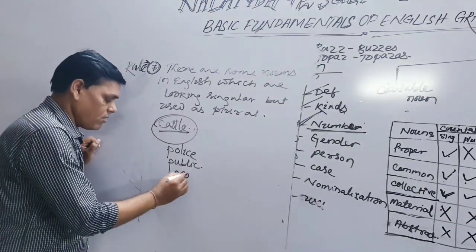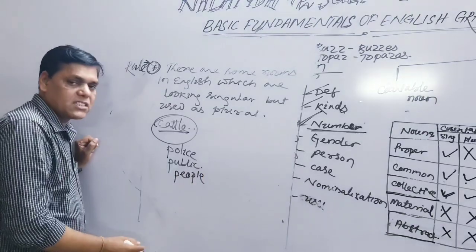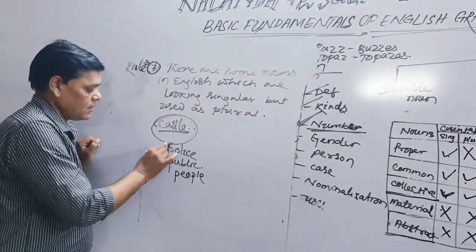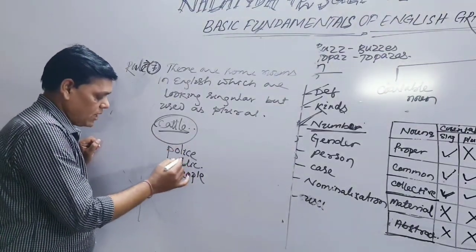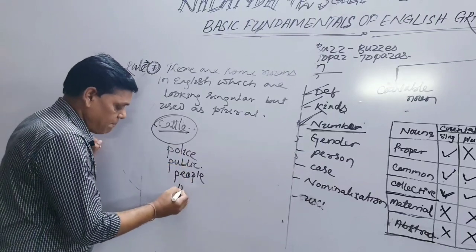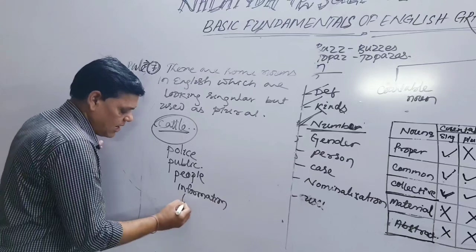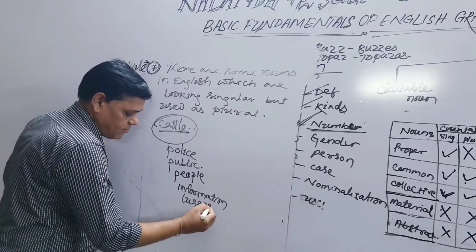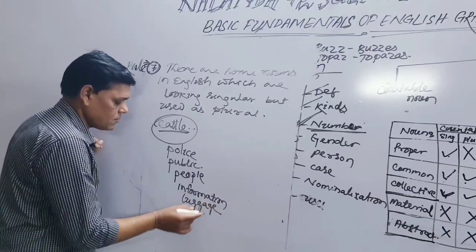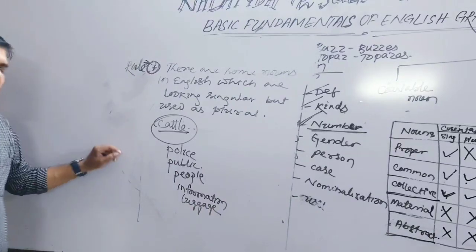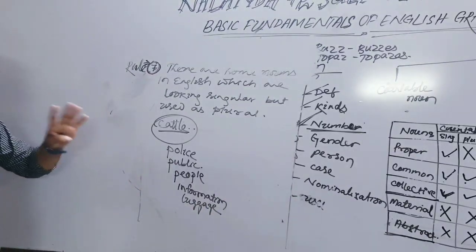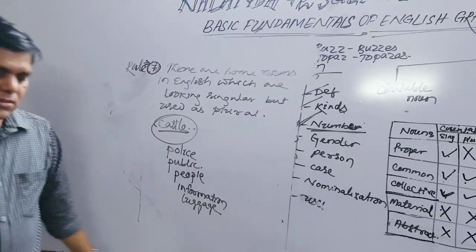Then people. We can't say people is, people are. So public, police, people, information, luggage. These look singular but are always used as plural.